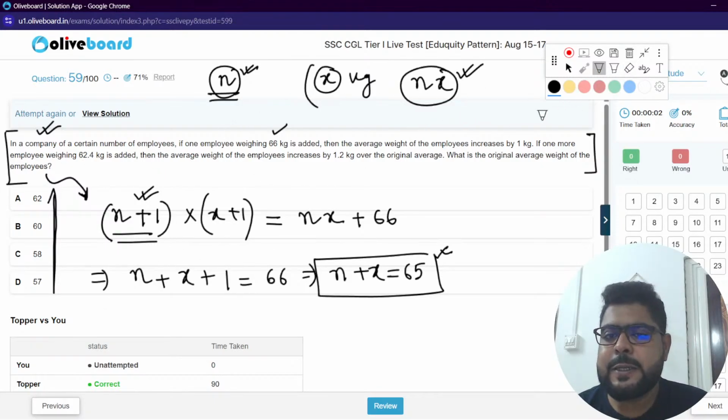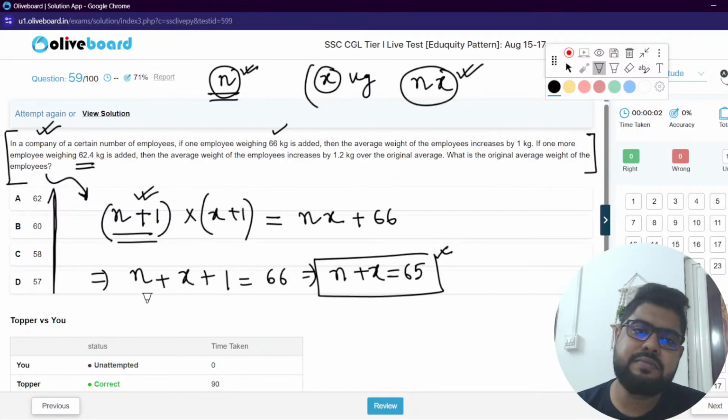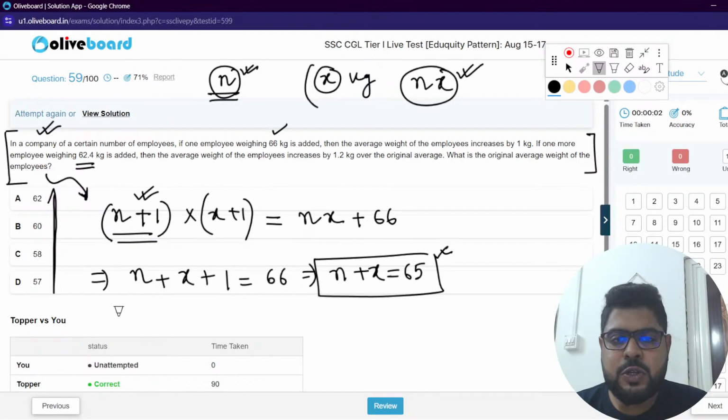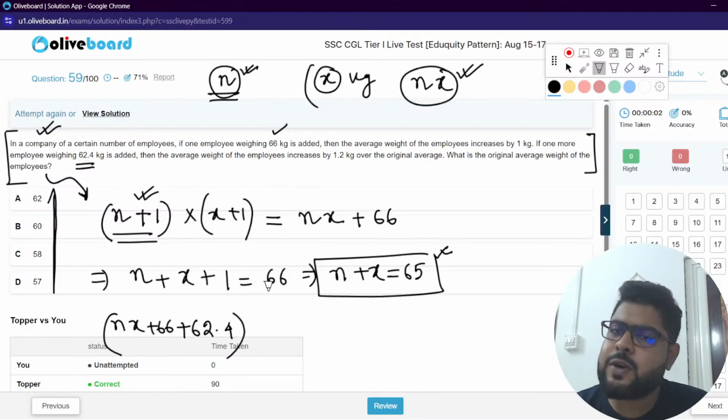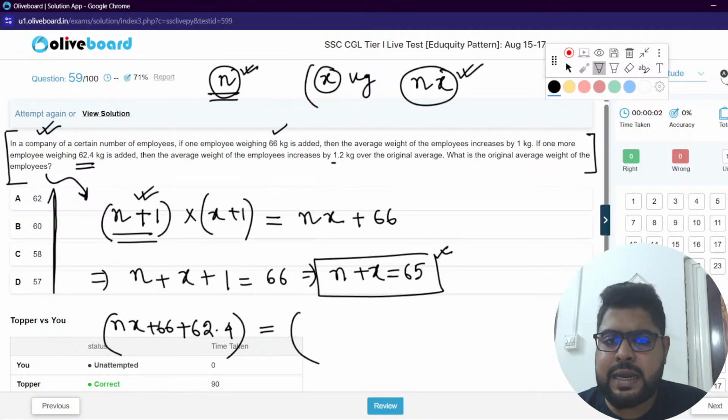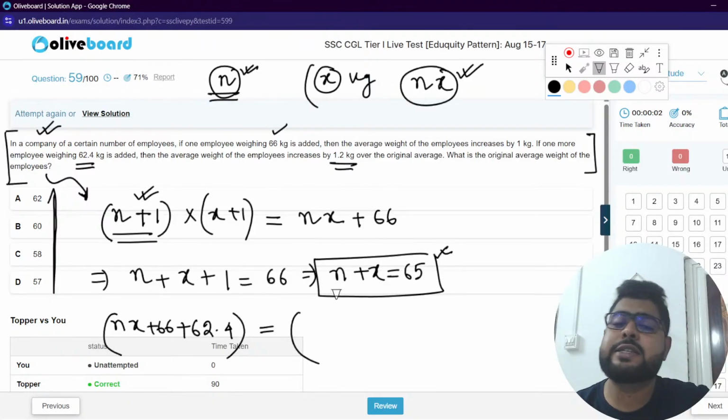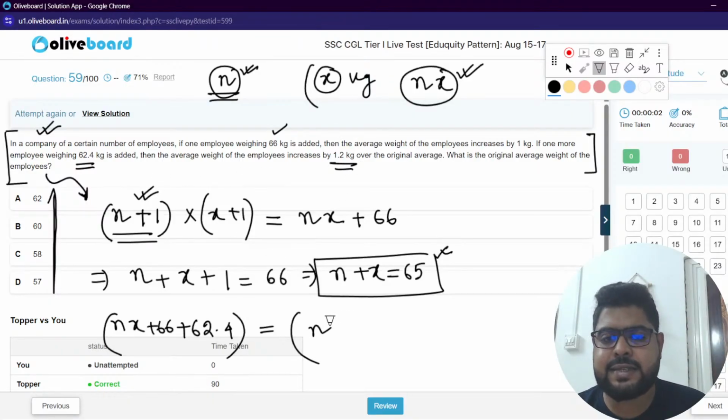Okay, next, sir. If one more employee of this much weight has been added, let's take it. So now the total weight is nx plus 66 plus 62.4 kg. Now what is happening? The average weight increases by 1.2 over the original average. The original average was x.